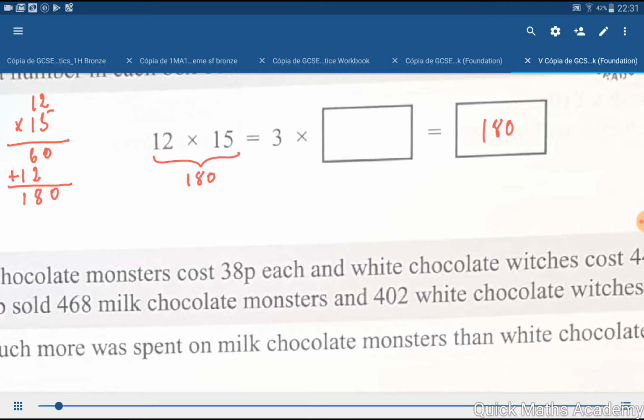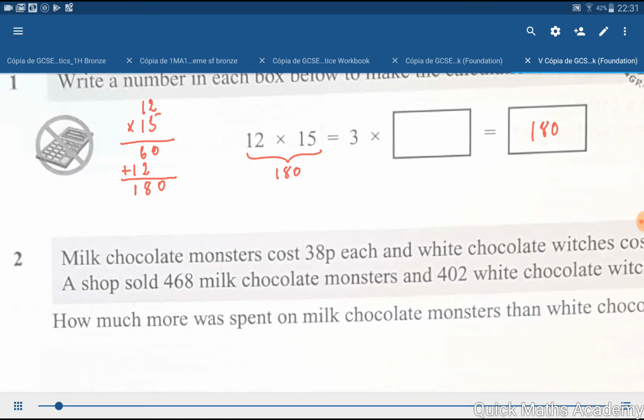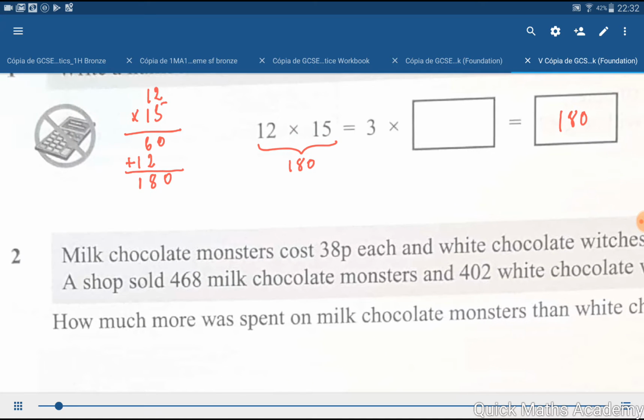I know that. Now, what is the number that I need to multiply 3 by to get 180? Well, I just have to divide the 180 by 3. Okay, if I divide, let's do it in here. 180.